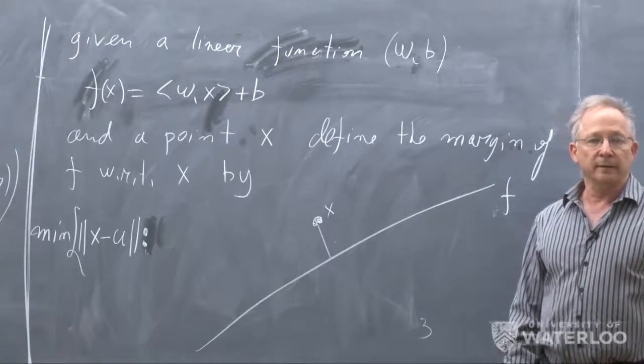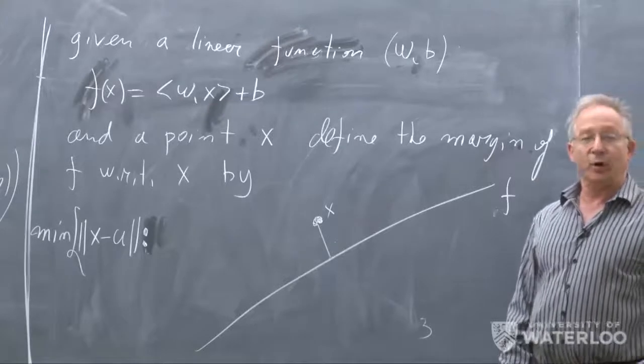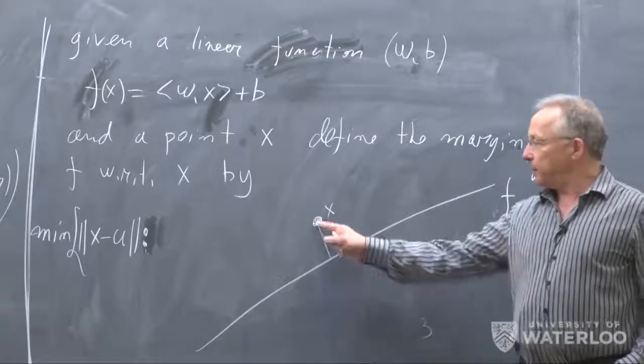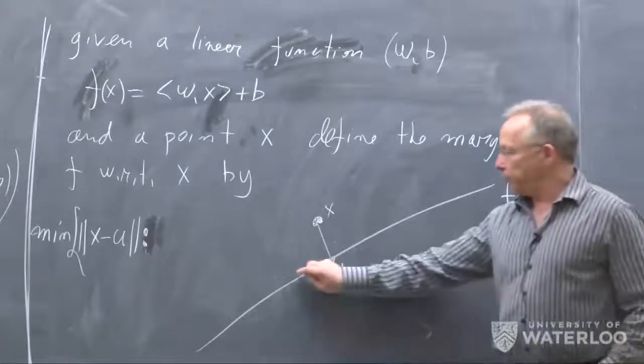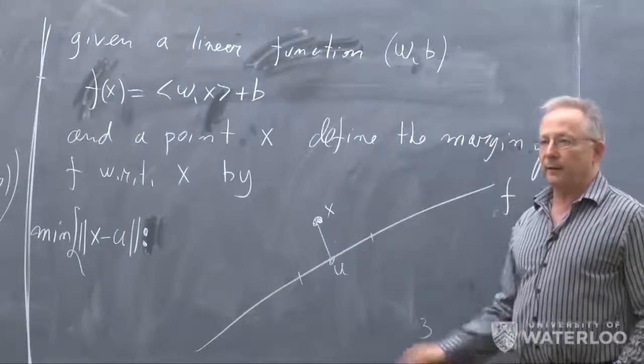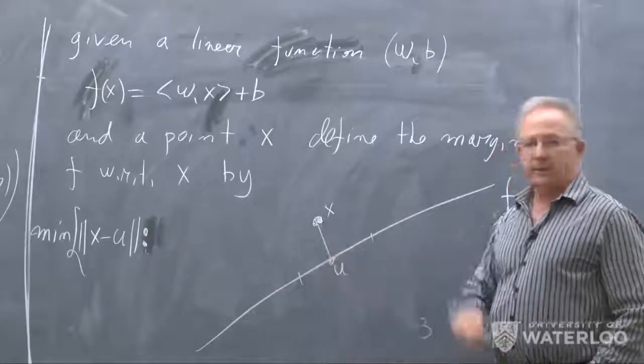Yes? Dot product of u and the line is 1. You're saying on the line? Or on the line. I want the minimum distance between x and the point u on the line. So I can pick many u's here, but among all the u's that lie on the line, I want to pick the one that minimizes the distance to x.